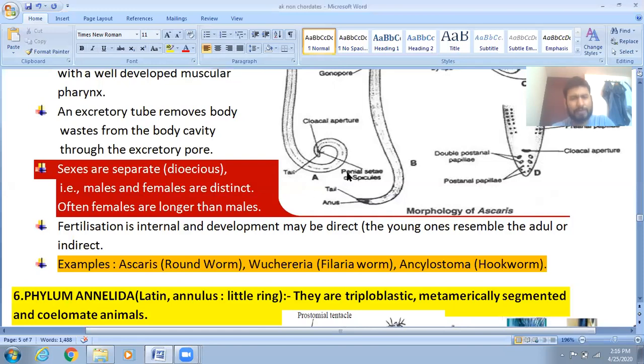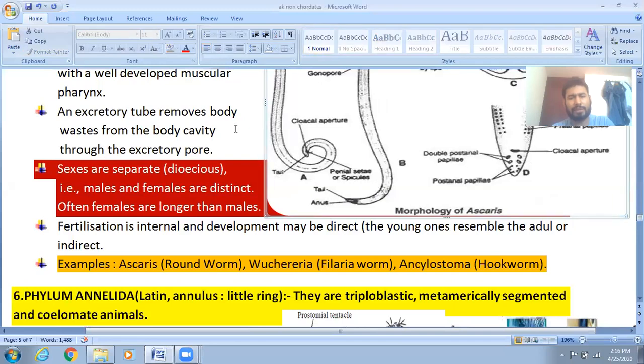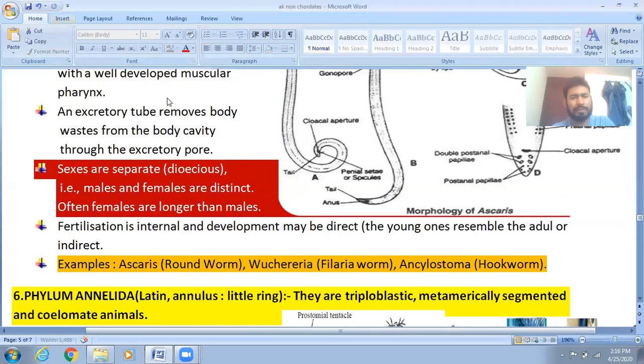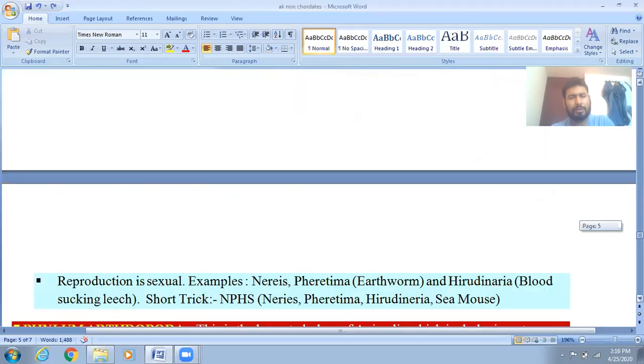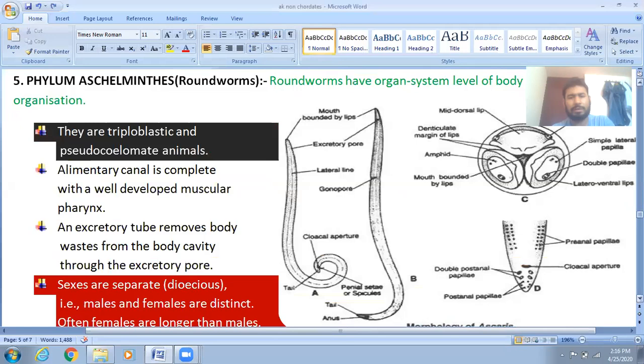So how will you differentiate between male and female? The male is always shorter. If we check their length, the body length is very short in the case of Ascaris. So here the male is very short and the female body is long. Clear? This is the male, you can see in the figure, and this is the female.